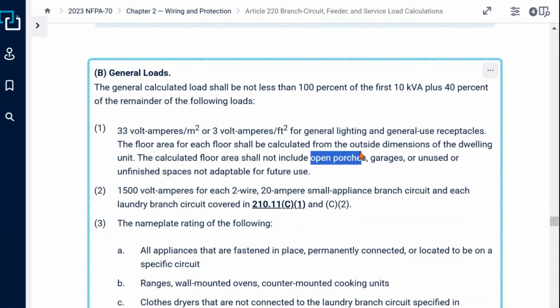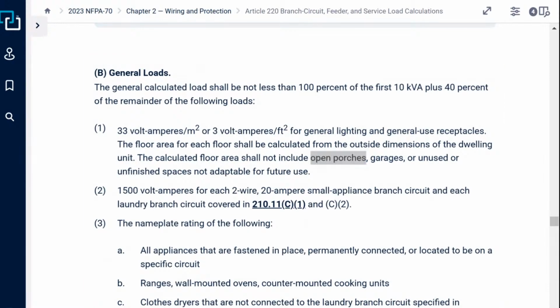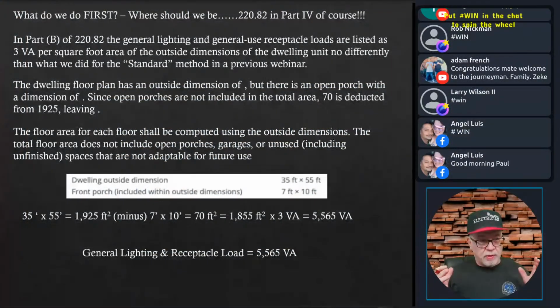And in the optional method, which differs from the standard method, you're not including garages or unused or unfinished spaces not adaptable for future use. So that is the difference between the standard method and the optional method. In our case, we're not including open porches, so that is where we take off that 70 square feet.